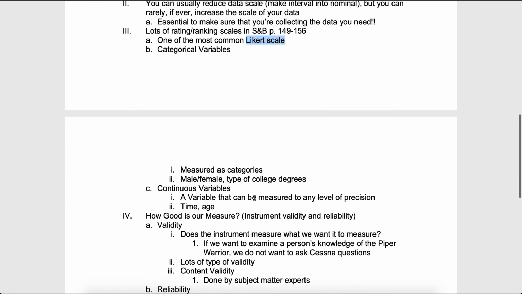A continuous variable, so there's categorical variable, that's categories, gender, degree type, pilot certificate type, and then there's continuous variables, so time, age. So does time play a role in, let's say, does time, number of seconds, let's say, have a role in performance, so reacting to a scenario.